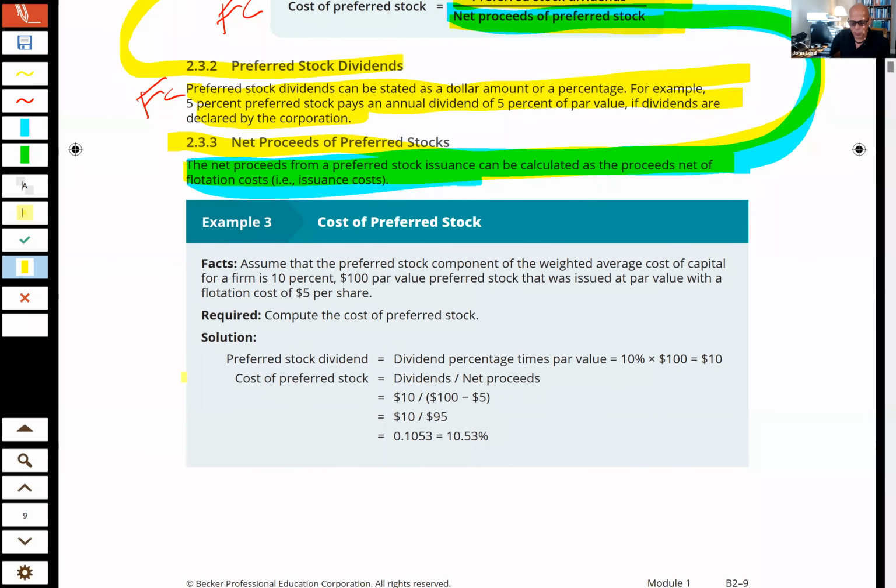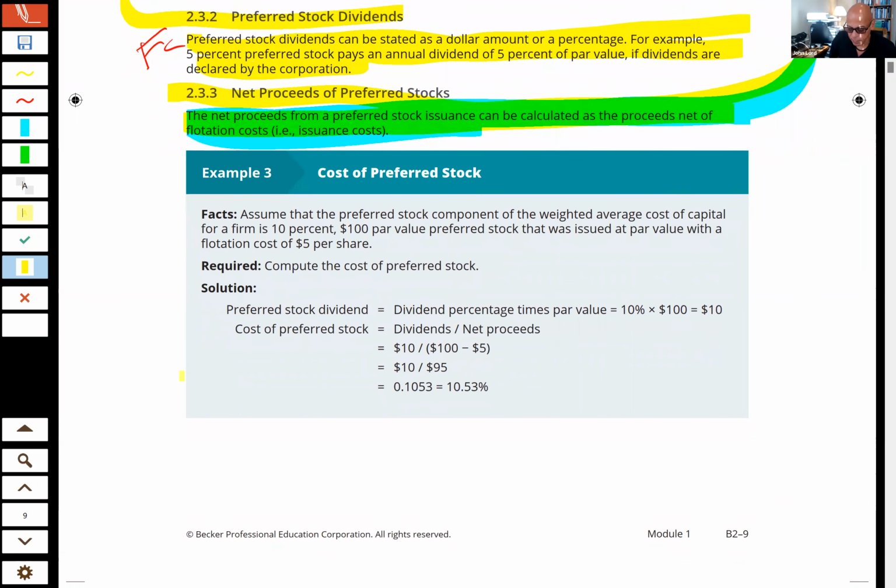Okay, now you come over and you take a look at this example, which is pretty easy. We have that the preferred stock for the firm is 10%. It's $100 par value, and we have $5 per share flotation cost. Okay, and so what happens? We go ahead and we calculate the preferred stock dividends per share, and it's the 10% times $100 par value gives us the $10 for the dividend.